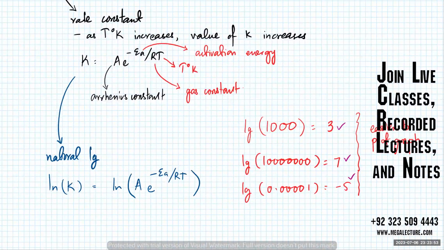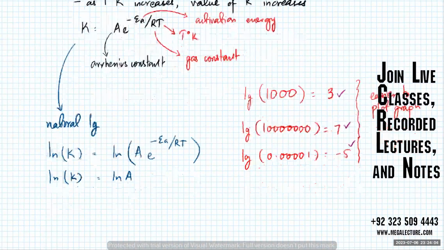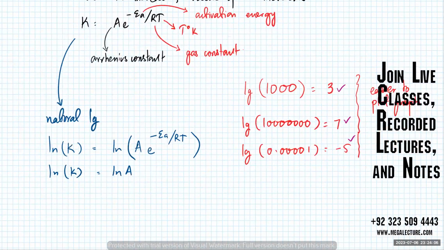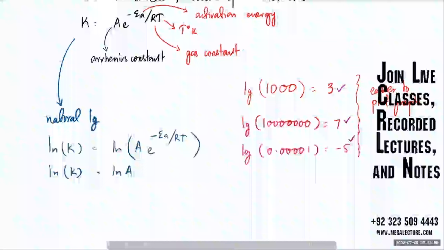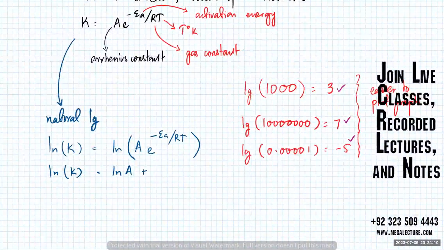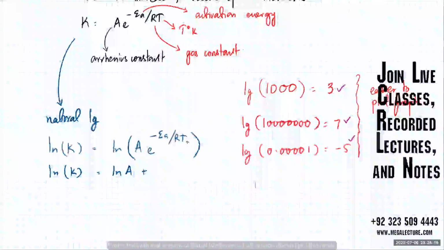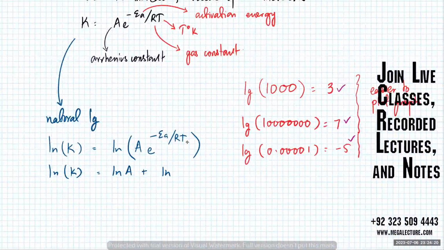So this ln k remains as it is, and if two things are getting multiplied, they just get added in. Multiplication turns into addition in log. So that's ln A plus ln e to the minus Ea over RT. So let me do it in two steps.